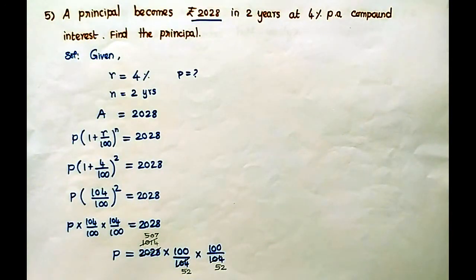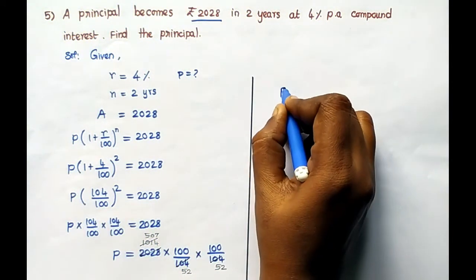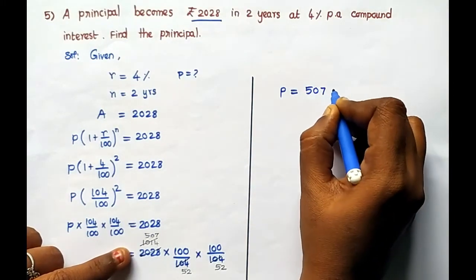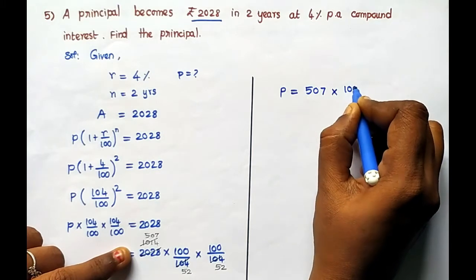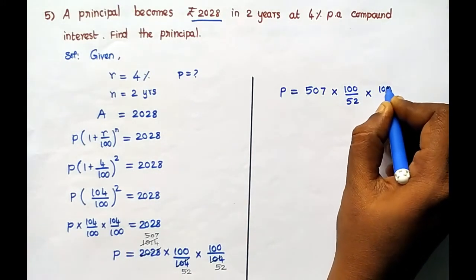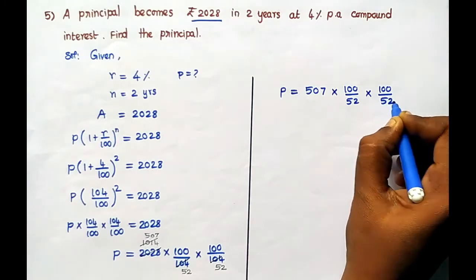Write down the remaining numbers. P equals 507 into 100 divided by 52 into 100 divided by 52.